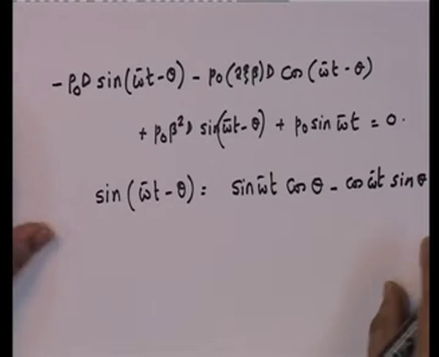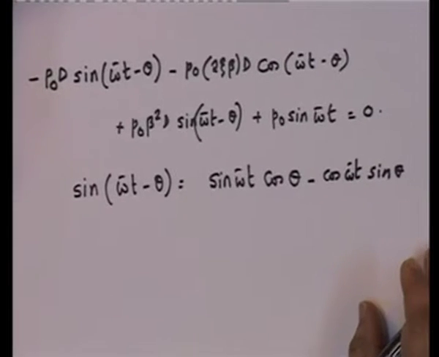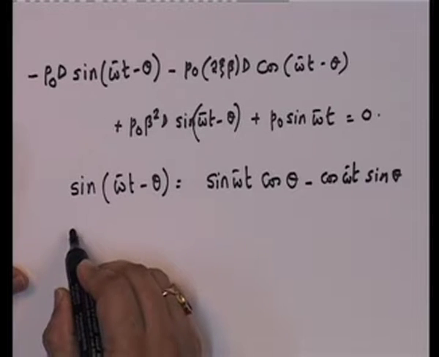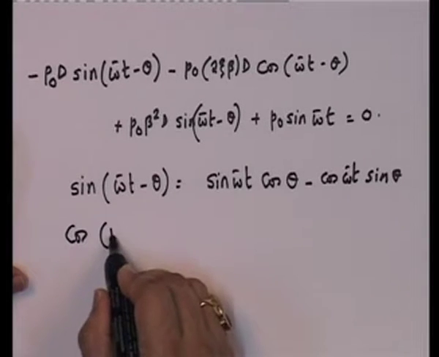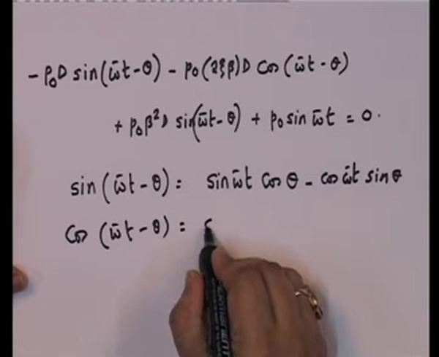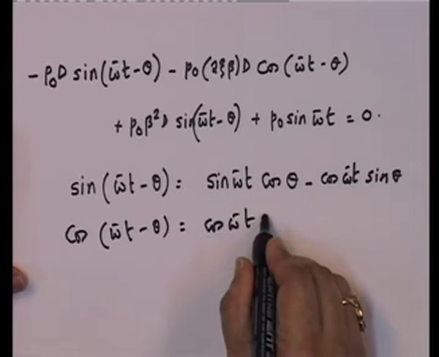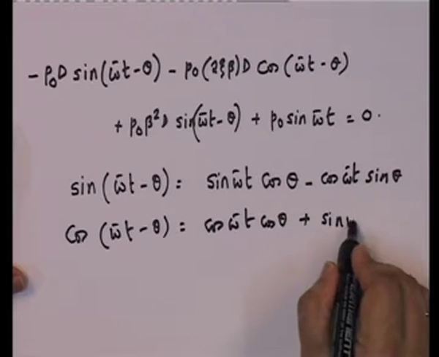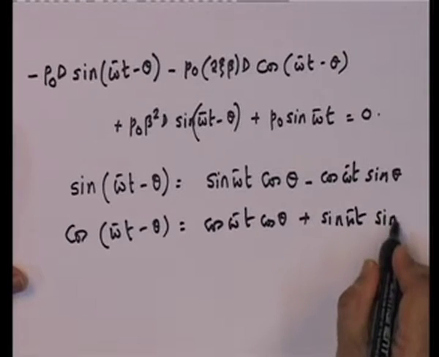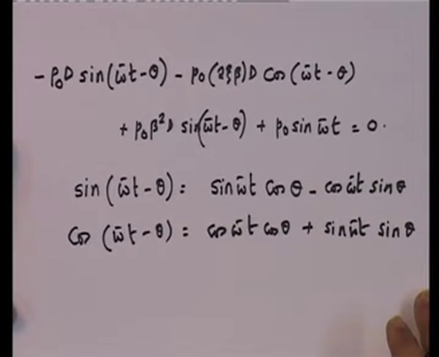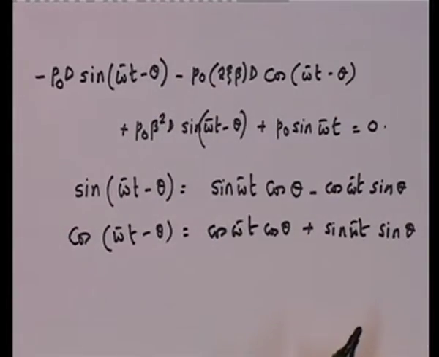Okay. So, that is the solution that you have. And cosine omega bar t minus theta is equal to cosine omega bar t cosine theta plus sine omega bar t sine theta. Okay? So, these are the expansions of these terms that we have over here.